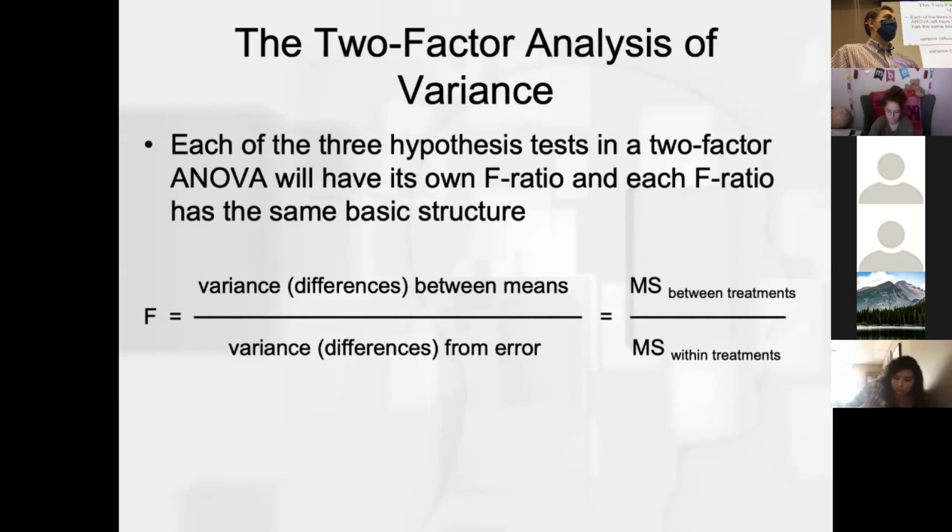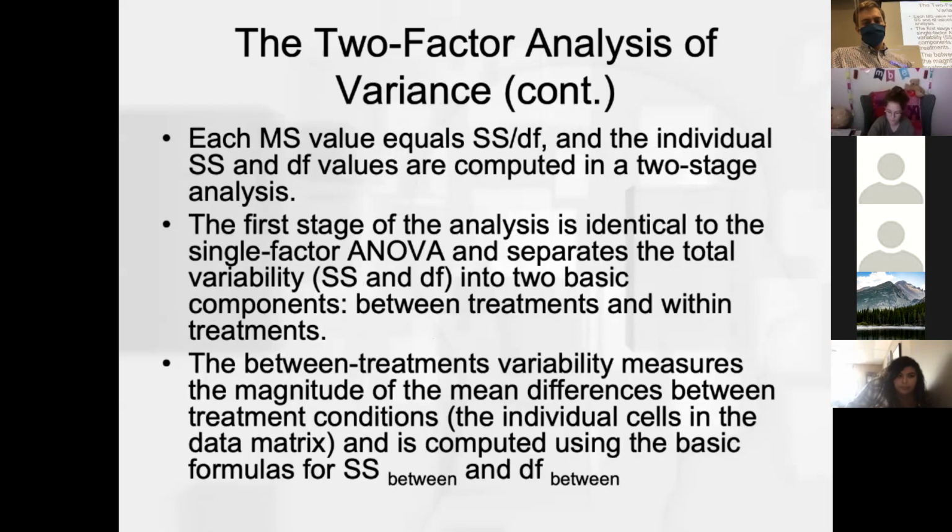If our general one-factor F ratio was mean squares between over mean squares within, it's going to be a similar concept moving forward. Each mean square value, once again, is the sum of squares of interest divided by the degrees of freedom of interest. And the individual sum of squares and degrees of freedom values are computed in a two-stage analysis.